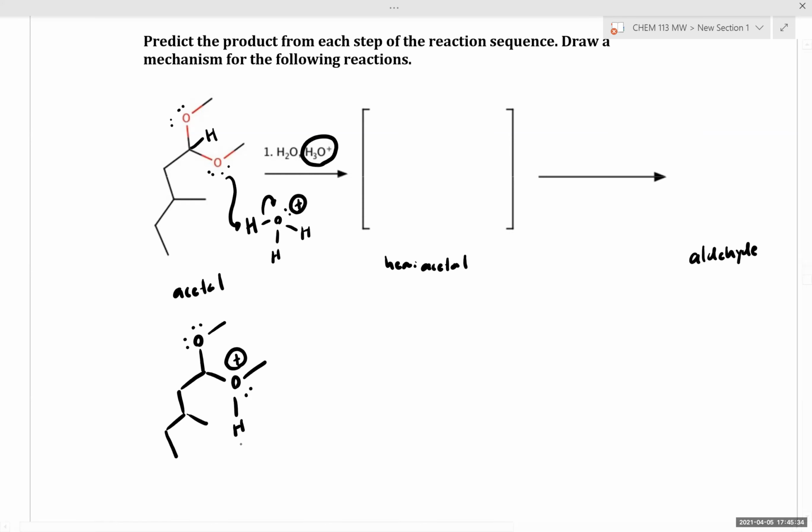Would anyone like to draw the arrows to show the loss of this leaving group? How would we lose an equivalent of alcohol? Would anyone like to try annotating using the annotate tool?